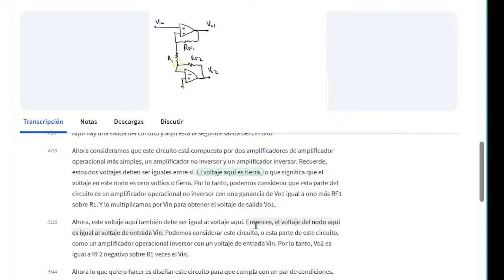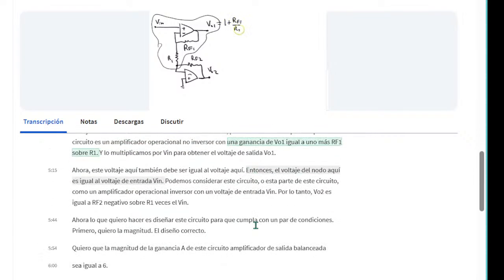Remember, these two voltages must be equal to each other. The voltage here is ground, which means the voltage at this node is 0 volts or ground. So we can consider this portion of the circuit to be a non-inverting op-amp amplifier with a gain of 1 plus Rf1 over R1, and we multiply that by Vn to get the output voltage, VO1.